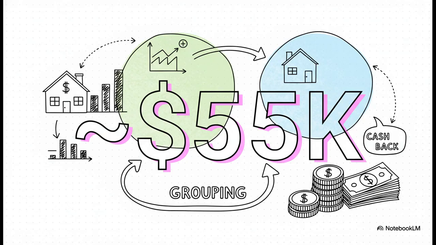At the same time, your building, maybe because you did a cost segregation study, is showing a paper loss of $150,000. Without grouping, that loss is useless against your business profit. But with a successful grouping election, boom, you get to wipe $150,000 right off your business profit. Your taxable income just dropped by that much, saving you something like $55,000 in taxes. That's real money right back in your bank account.